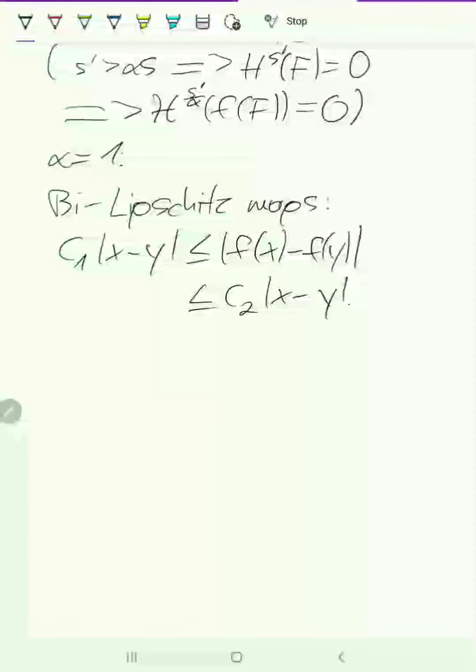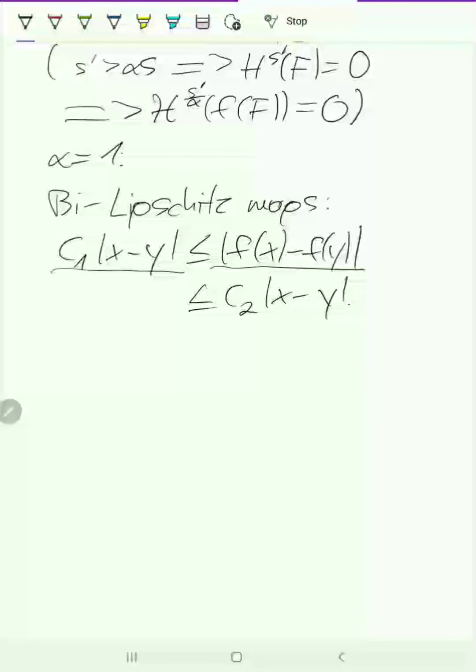Of course the constants are positive, so x is equal to y.